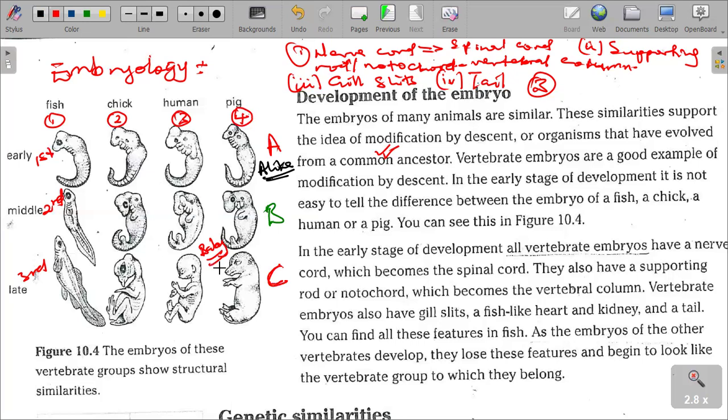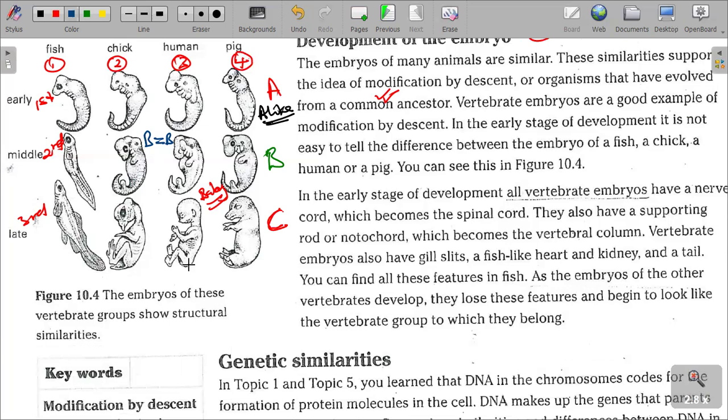For example, looking at this one and this one, the way they look alike, how can you tell that this is a human being and this is a pig? You can't tell that. That is to show that there is evidence of evolution.